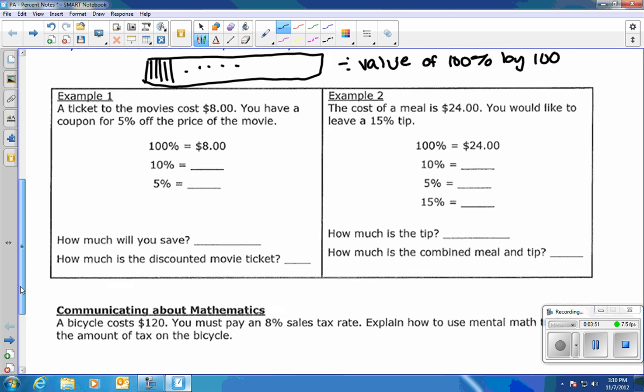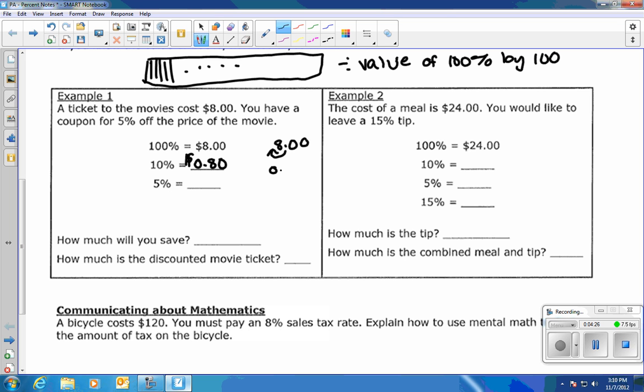So for example, if a ticket to the movies costs $8, we have a coupon for 5% off the price of the movie. So 100% is the total cost. So if I divide by 10, which means move the decimal this way, that means 10% is 80 cents. Well, 5 is half of 10, so how could I come up with 5%?